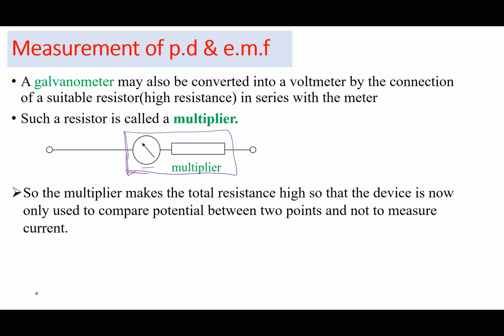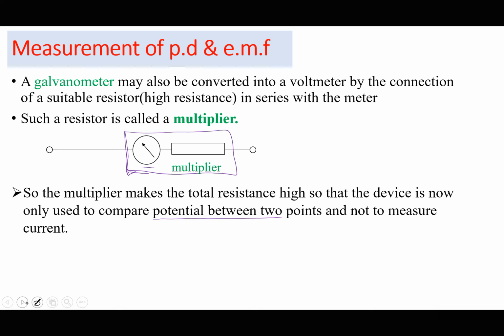So the multiplier makes the total resistance high, so that the device is not used to measure or register current, but to compare potential between 2 points, and therefore it will be acting as a voltmeter.